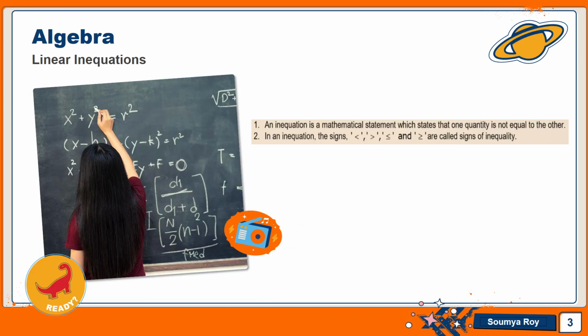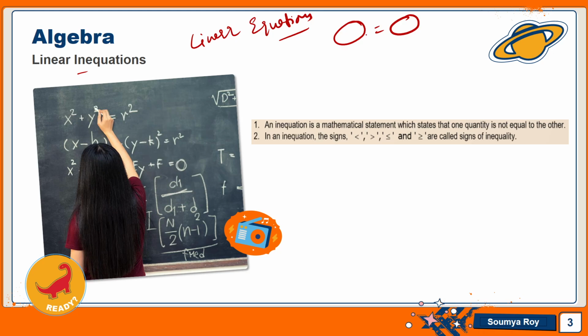So the basic thing which first comes to our mind about linear inequations: in the previous classes, till class 9, you have learned about linear equations. Now this is linear inequations. In linear equations, what is that? You have two algebraic expressions, and they are separated by an equal to sign.